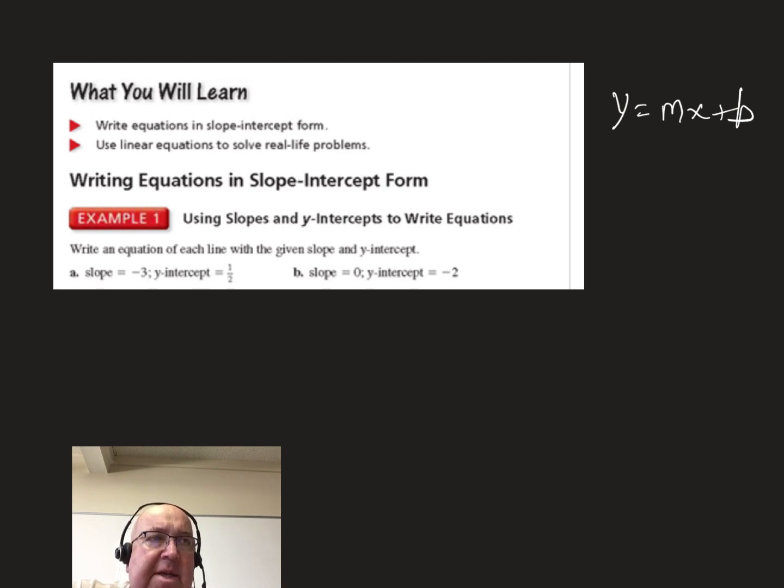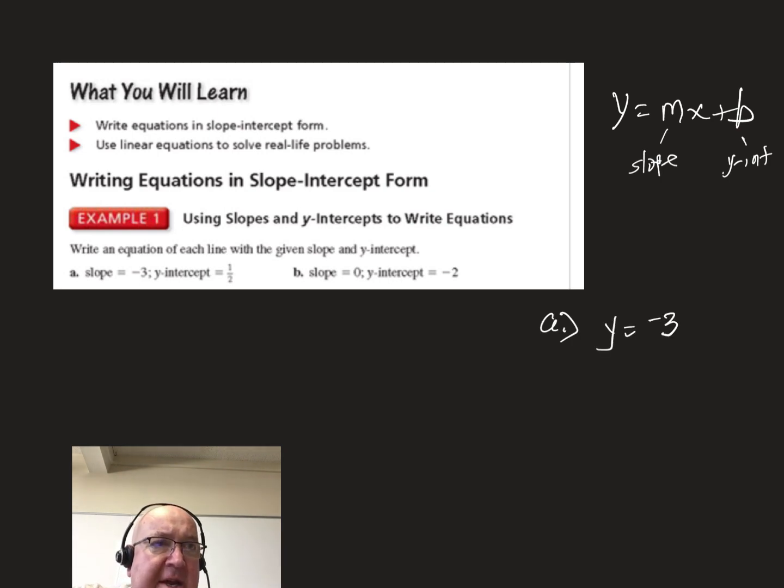Remember, the y-intercept is b and the slope is m. So we're going to take the information that we're given for a, and we're going to go y is equal to negative 3 times x.